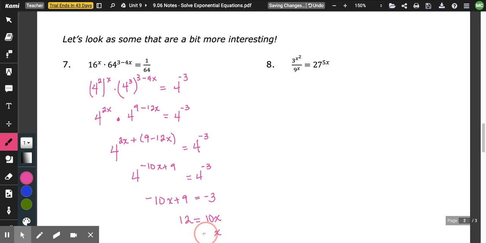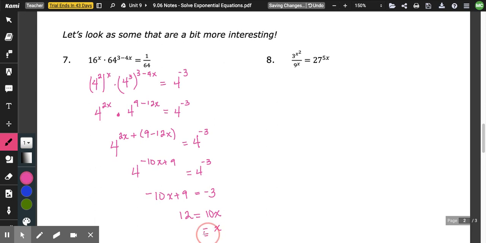And then I'll divide both sides by 10, which would give me 12 over 10, which I can reduce. That equal sign got a little weird. There we go. 12 over 10 reduced would be 6 over 5. Oh, this is another example where guess and test probably would not be a really good idea. You probably would not come up with 6 over 5 as an answer in any kind of succinct fashion.